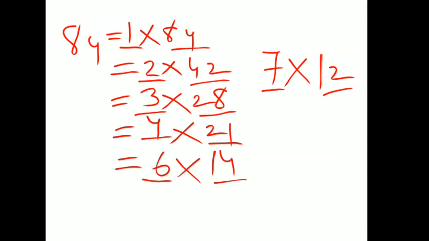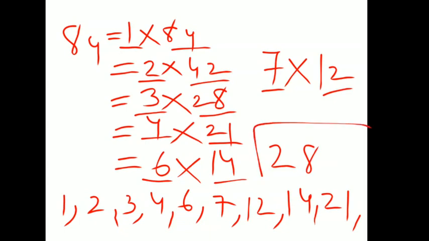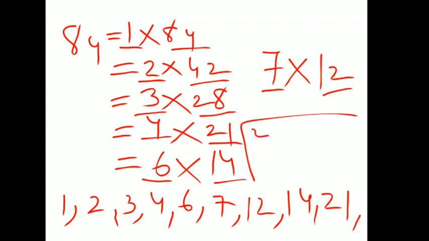Okay, so you will write the factors of 84 are 1, 2, 3, 4, 6, 7, 12, 14, 21, 28, 42, and at the last 84.